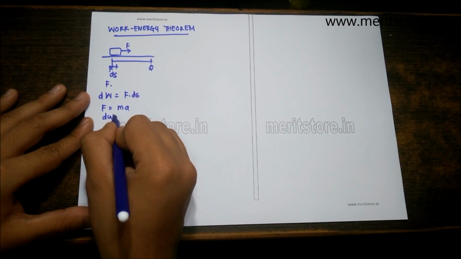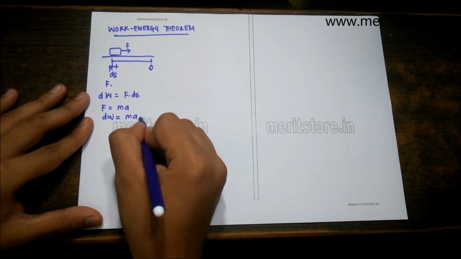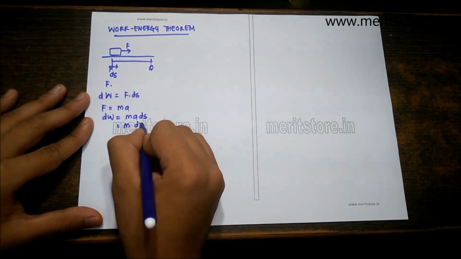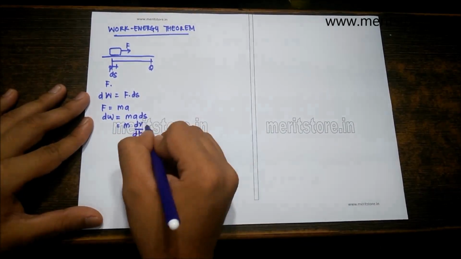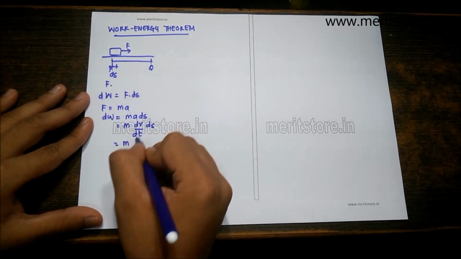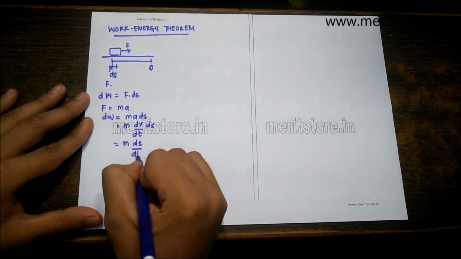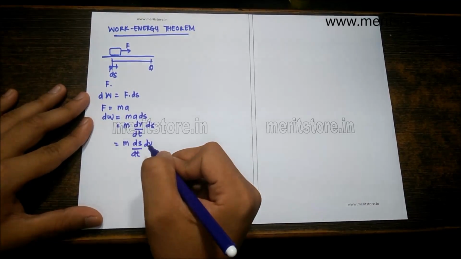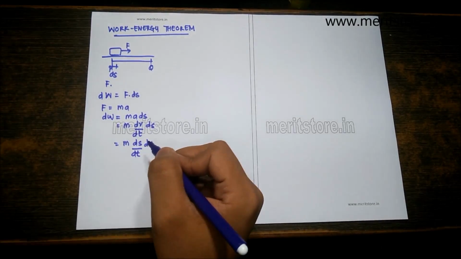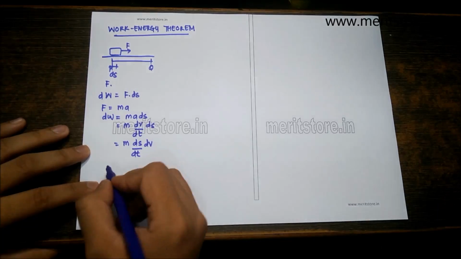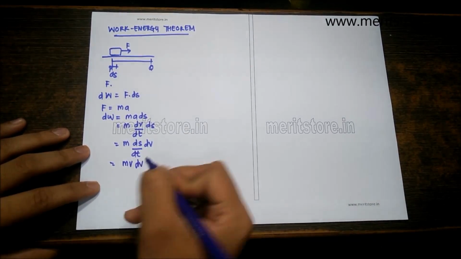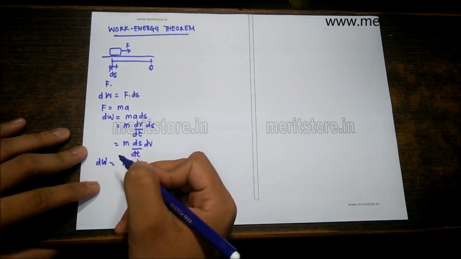So dW is equal to ma times ds, but my acceleration is equal to change in velocity per unit time into ds. So I get, let's swap these two terms, ds by dt times dv. Now this basically is equal to v, mv dv, which is basically my dW.